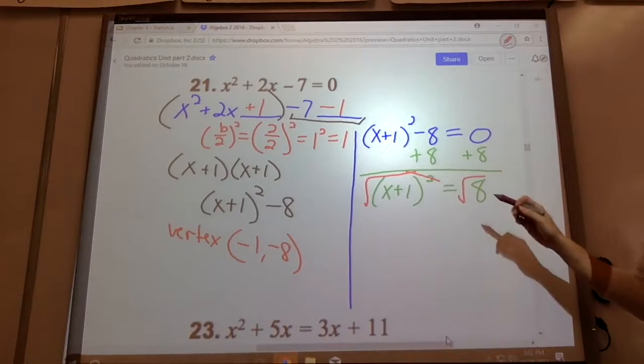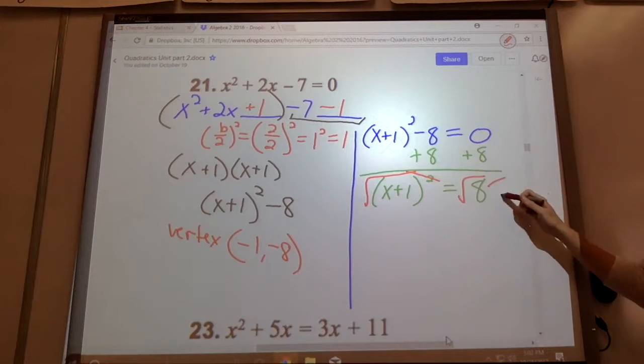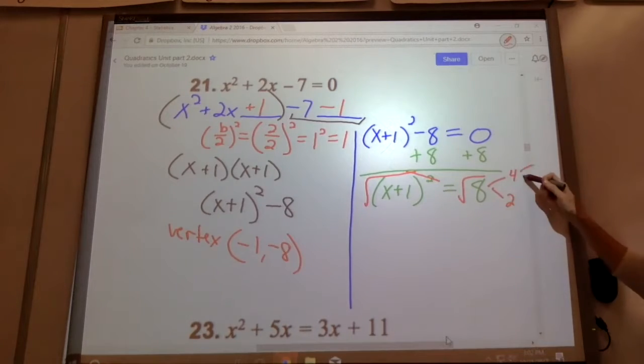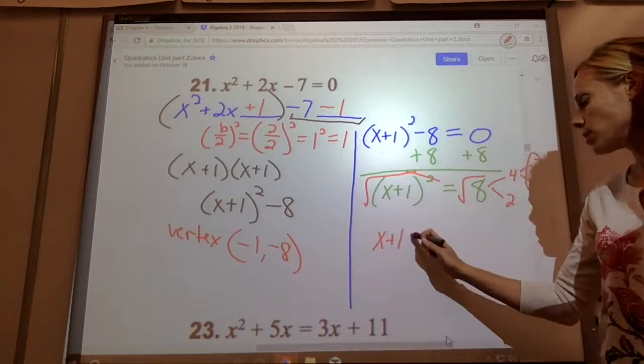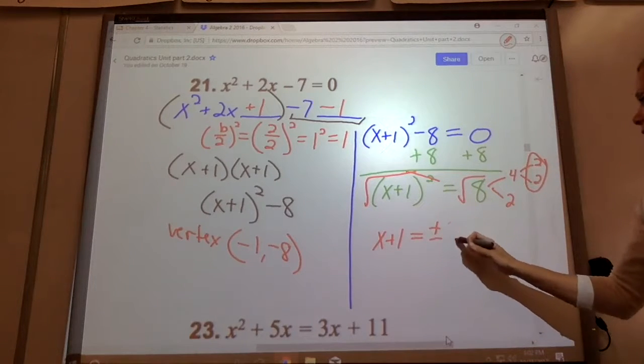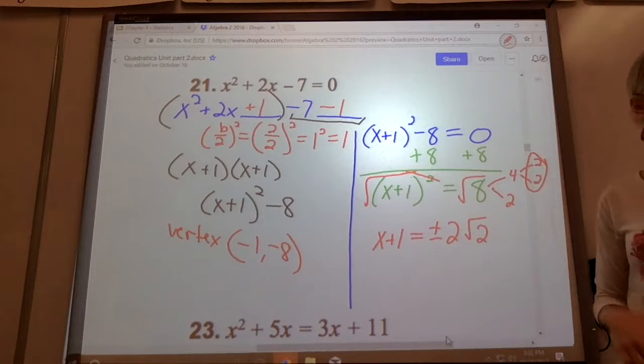Now 8, that's going to simplify because 8 is 4 and 2, and 4 is 2 times 2. So there's 2 2's, I can take one out.